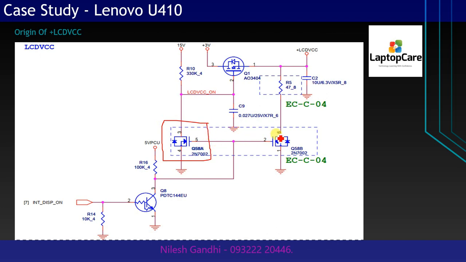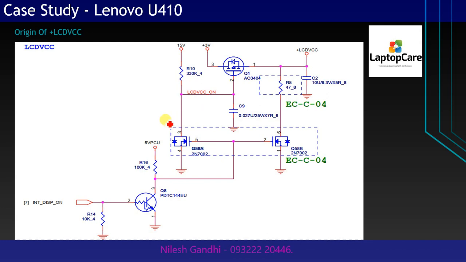Here I found 0 volt on the gate of Q58A. So now it is confirmed that Q58A is faulty, but it is a pair of two N channel MOSFETs, Q58A and Q58B on board. So it's a 6-pin MOSFET. I need to remove this particular MOSFET to confirm whether it's okay or faulty.